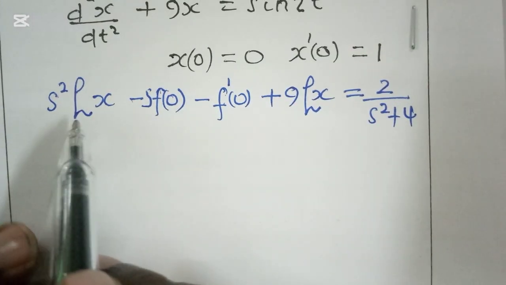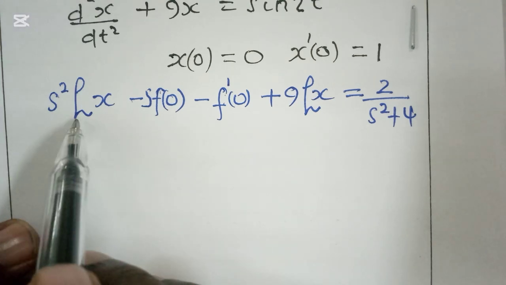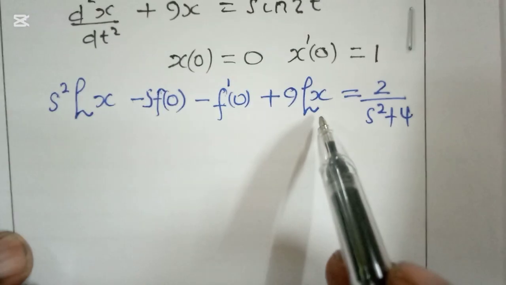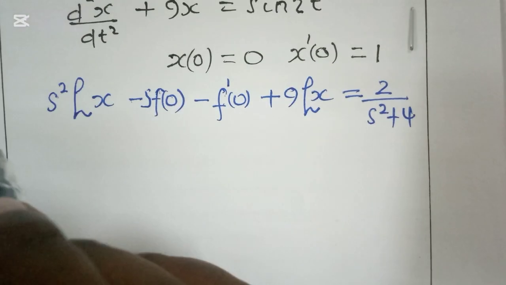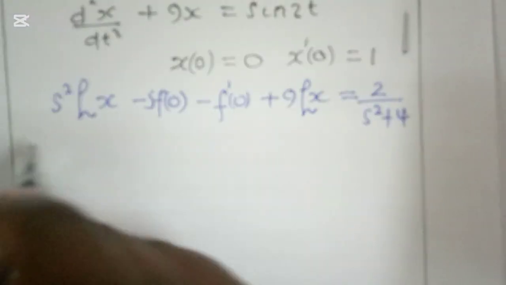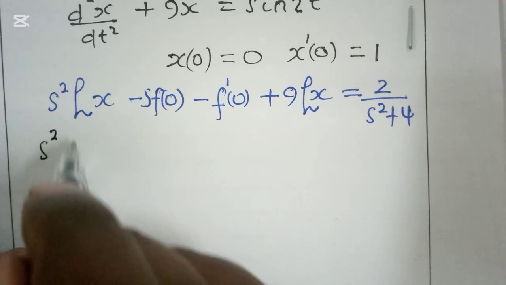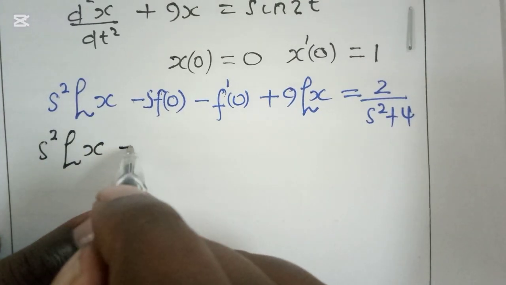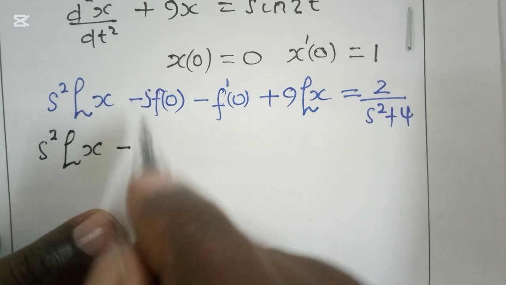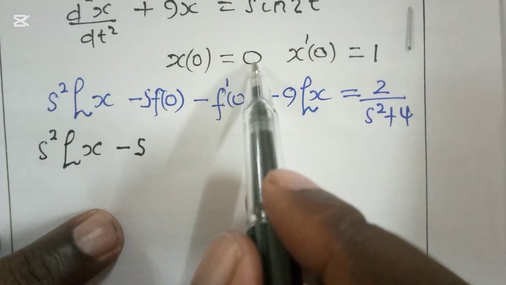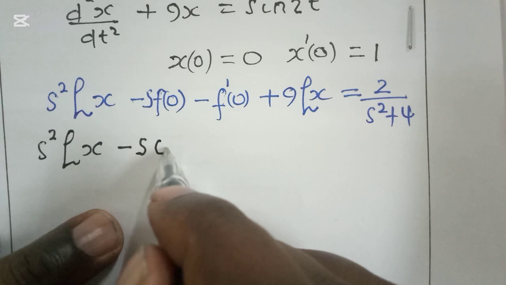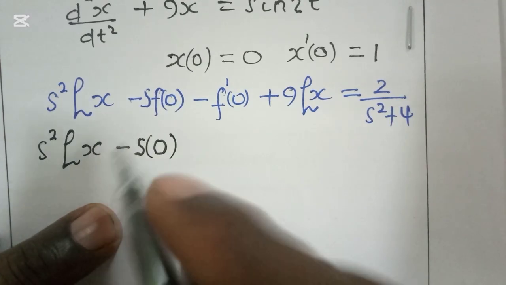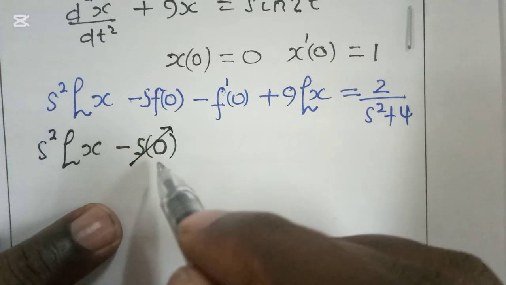So what I'm going to do now is factor out the Laplace transform of x. Here we have another Laplace transform of x. But guys, before I do that, let me replace my conditions. So we are going to have s squared Laplace transform of x minus, we have s here, and now we replace our first condition, which is 0. So when we put 0 there, this is now going to be 0.